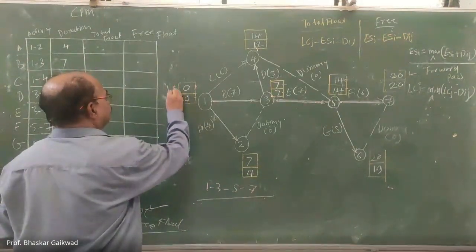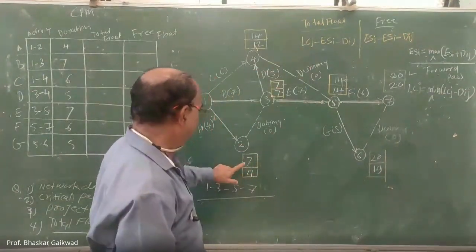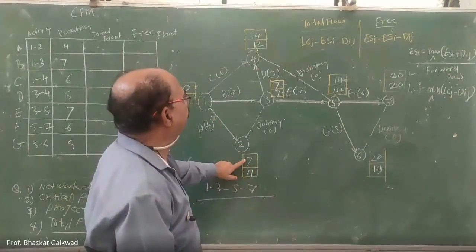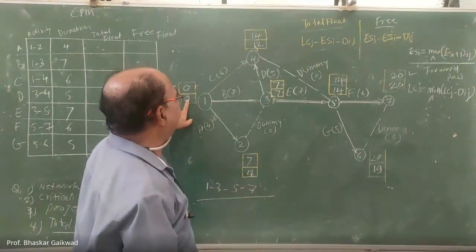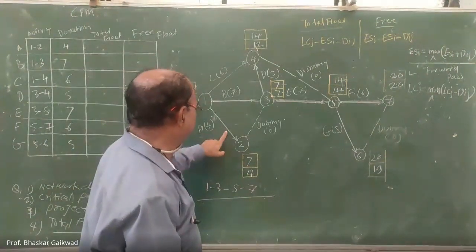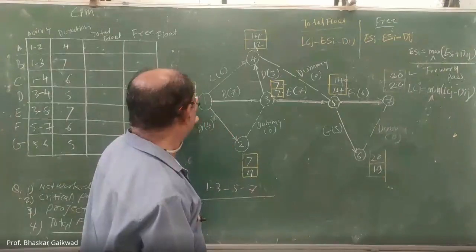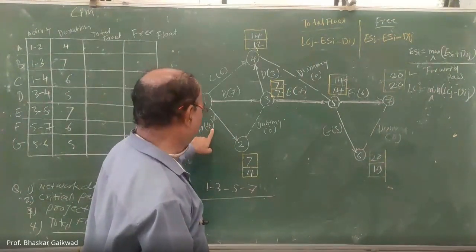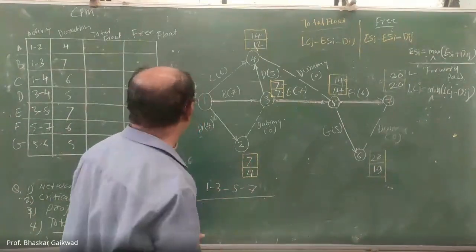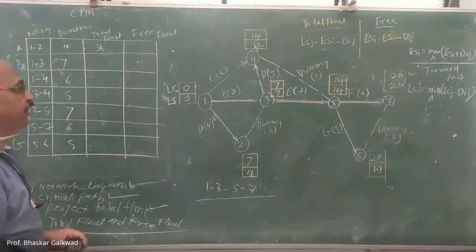This is LF and this is LC. So by using this equation, LCJ minus ESI minus duration. What is this? This is 7. 7 minus 0 minus 4. So how much here? 3. You can write 3.